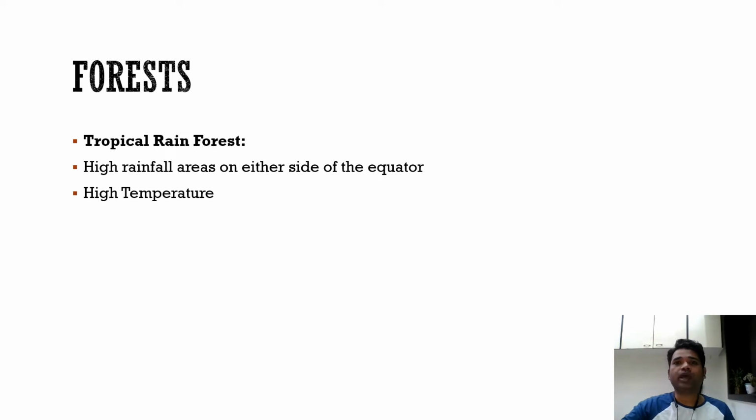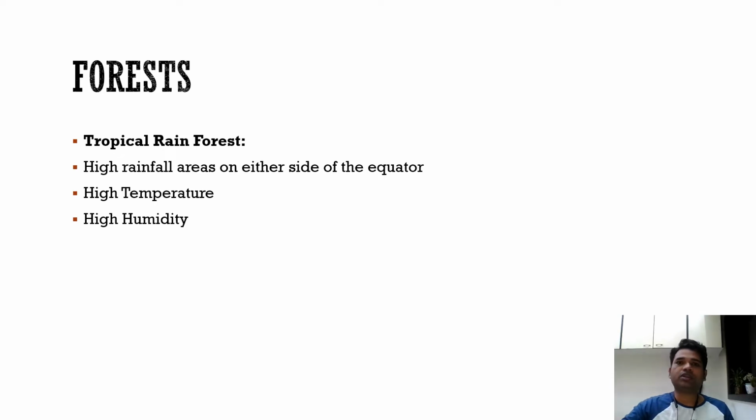Due to high temperature and the presence of water, there's also high humidity, and because of high humidity and high water, there's again high precipitation. So the evergreen rainforest of the equatorial region, whether it is the Amazon or the different rainforests found all over the world.